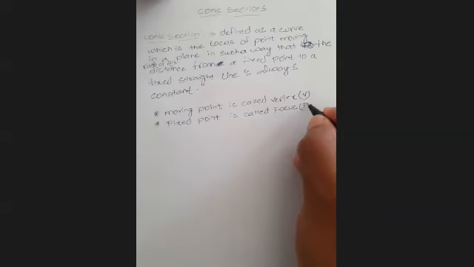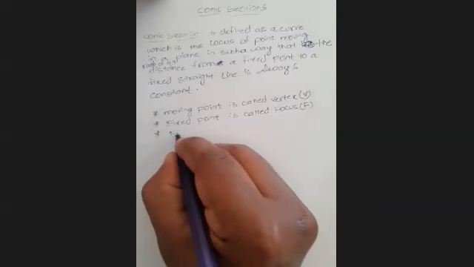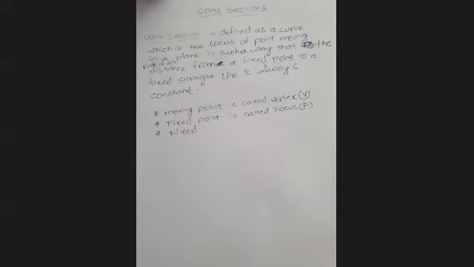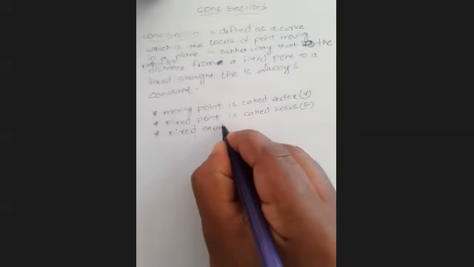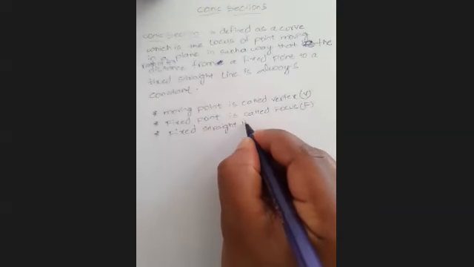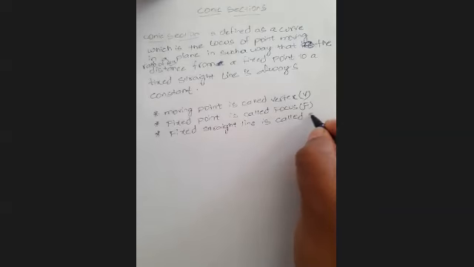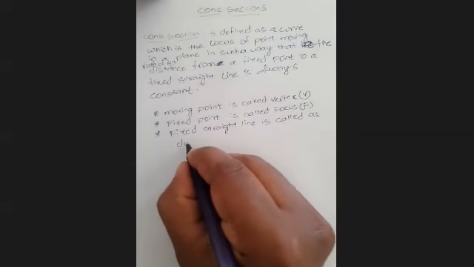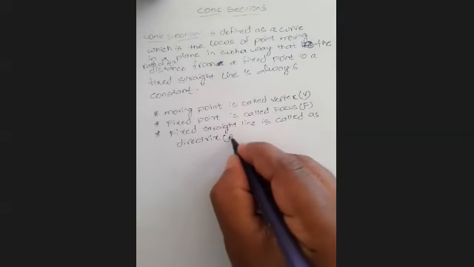It is denoted by F. Next, the fixed straight line, you are all supposed to write in your notes, is called the directrix. It is denoted by AB.